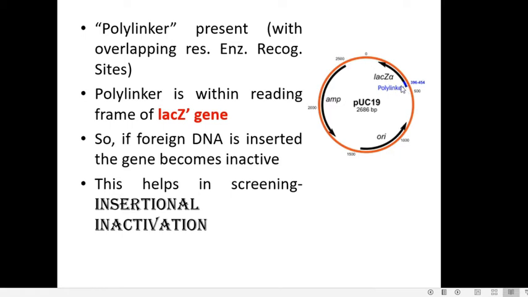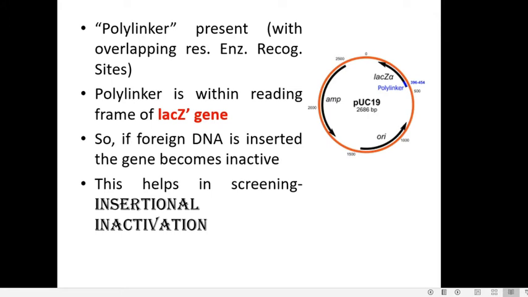That is what is called insertional inactivation. Once again, if this vector is intact without the insertion of any foreign DNA, the LacZ gene is active. But suppose it is cut with the restriction enzyme and the foreign DNA is inserted within the vector, the activity of this gene will be lost. That is what is called insertional inactivation.